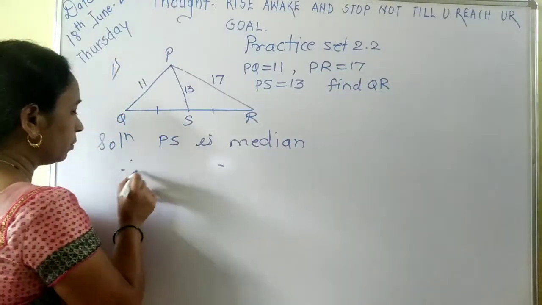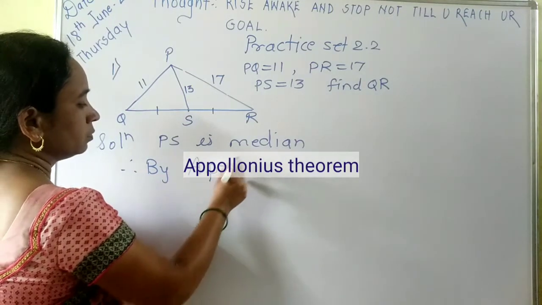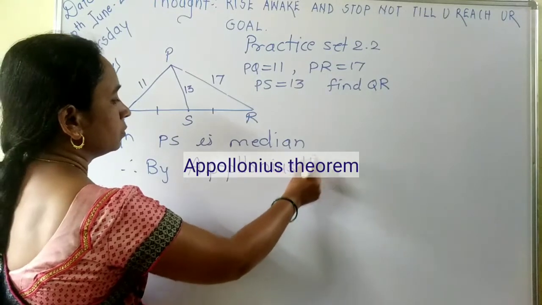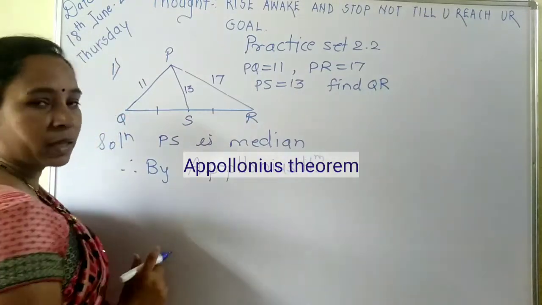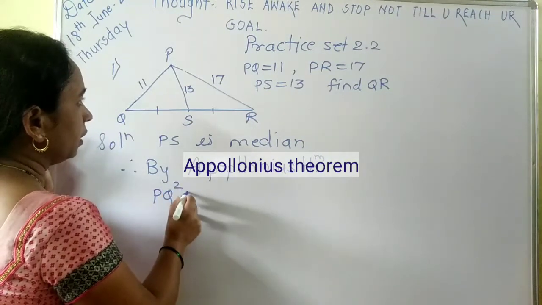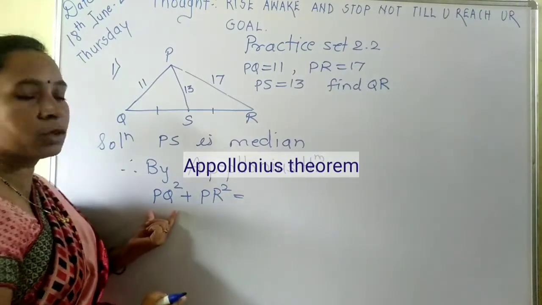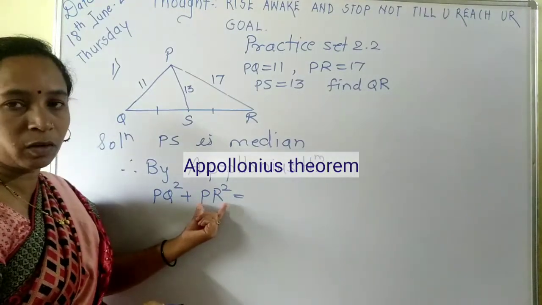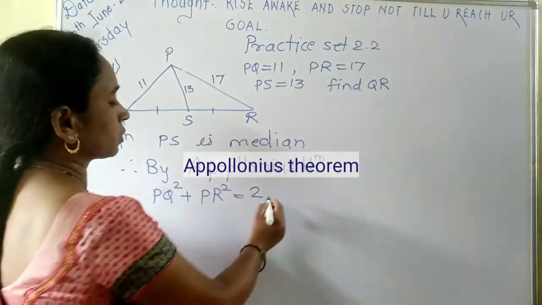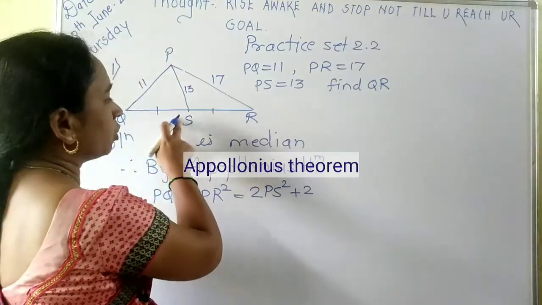So therefore, by Apollonius theorem, PQ square plus PR square, actually this is the side opposite to the acute angle and this is the side opposite to the obtuse angle, their square is equal to twice the median square, PS square, plus 2 times either QS or SR square.